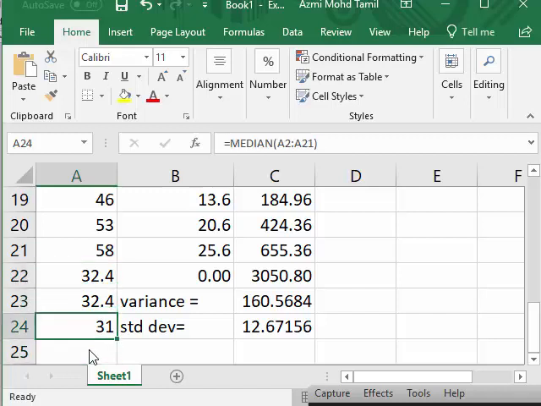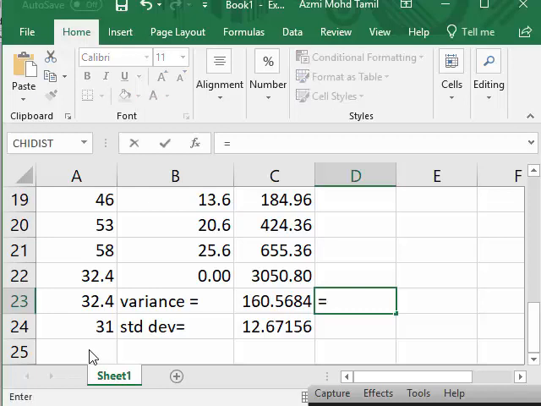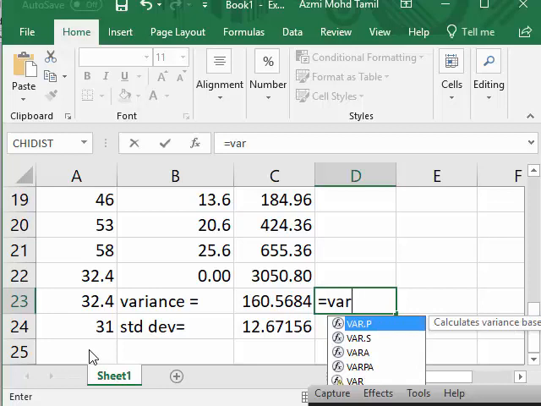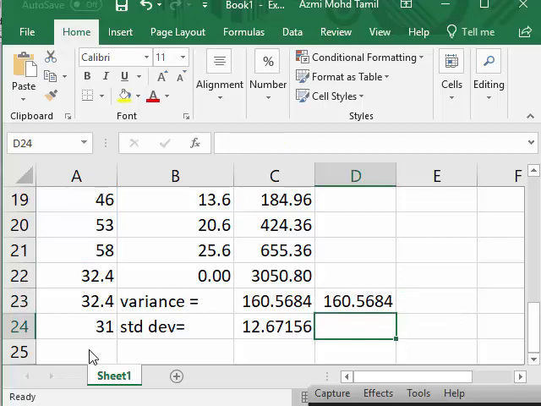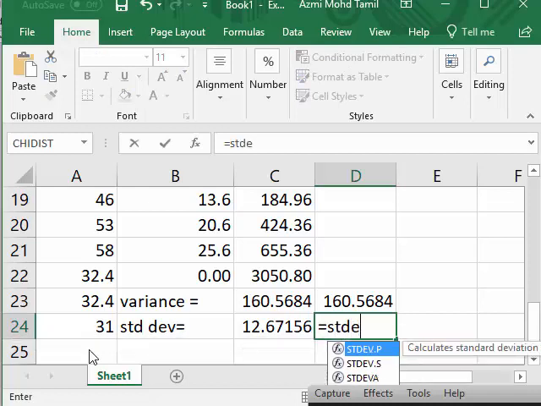Okay. Can we get the same thing for standard deviation? Can? So you can have the variance equivalent to. Okay. You start the command. Variance. The command is var. Variance is var. How many until how many? From A2 until A21. Okay. Same kan? Then you want standard deviation equivalent to STDEV.